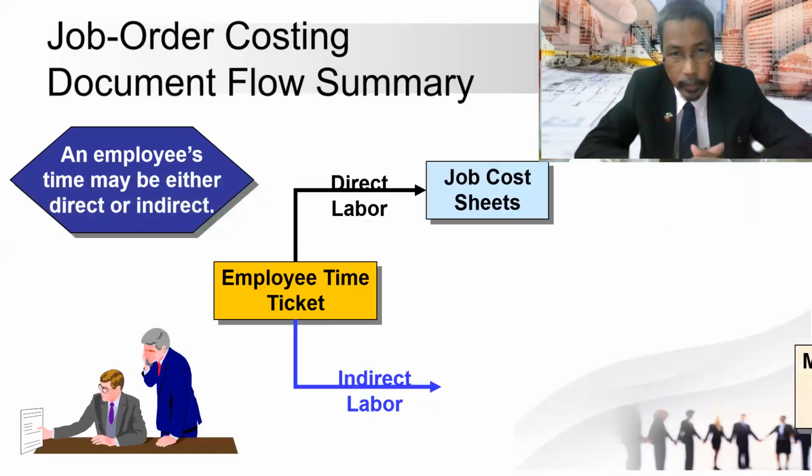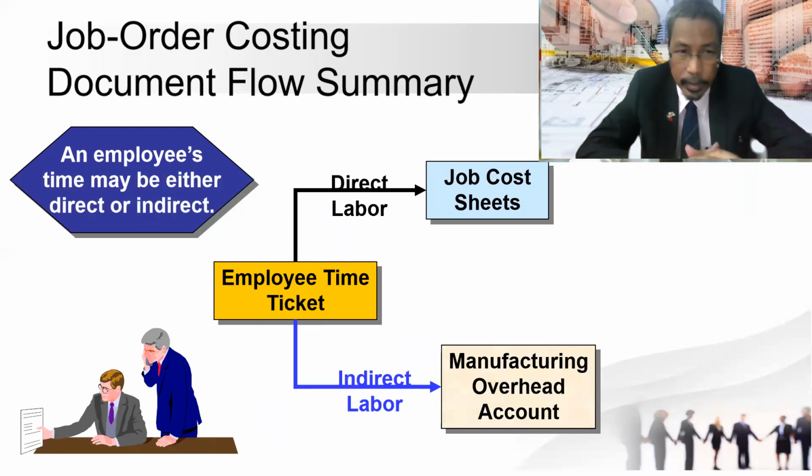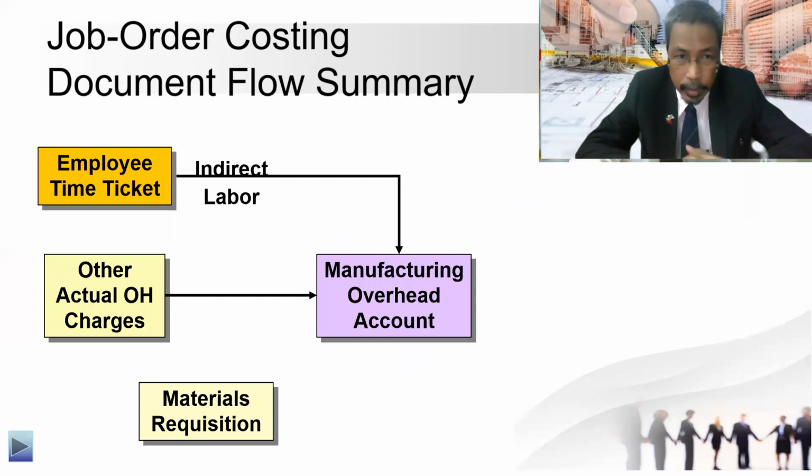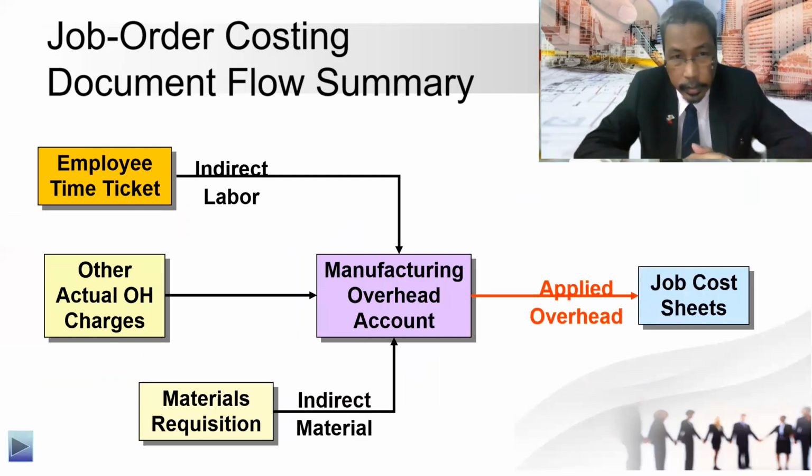So document flow summary continued. An employee's time may be either direct or indirect. So we are now talking of direct labor and indirect labor. Employee time ticket. So job cost sheet for the direct labor and manufacturing overhead account again for the overhead. What about the overhead?